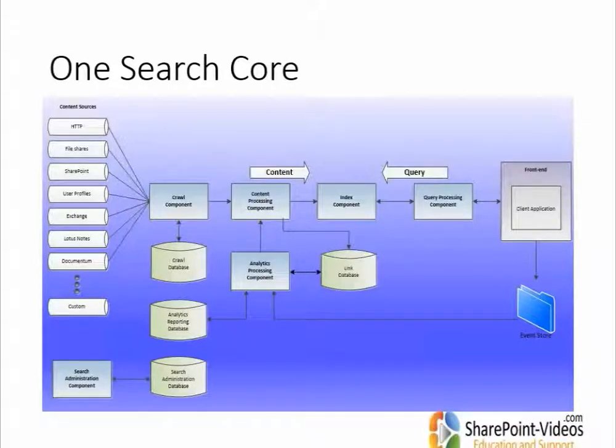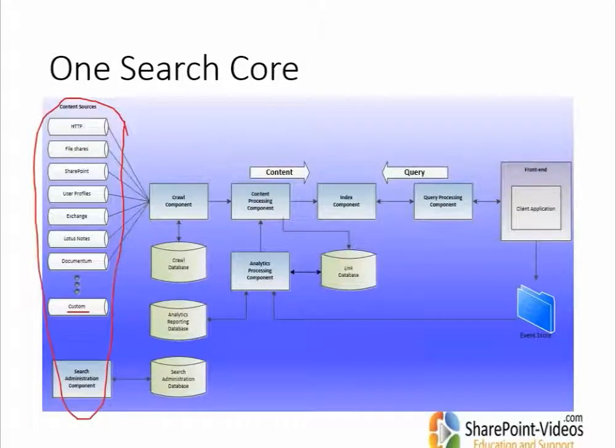First of all, we do have the content sources. We have about the same set of content sources in SharePoint 2013, so we can crawl, of course, SharePoint content, we can crawl file shares, we can crawl Exchange public folders, etc., and through BCS we can crawl custom content sources too.